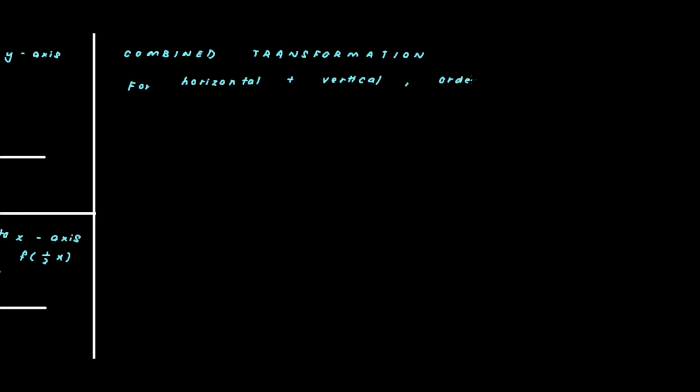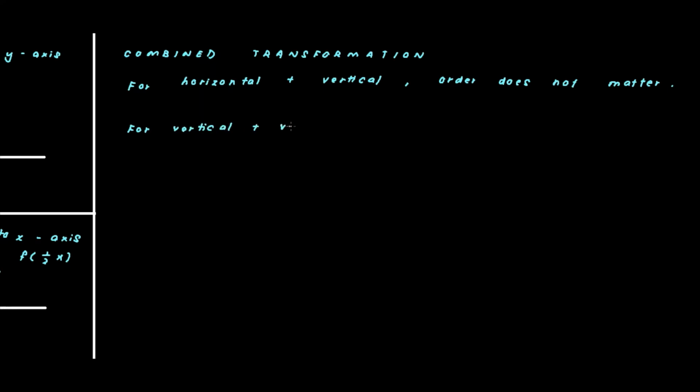No matter which one comes first, you will still get the exact same function after you put them together. So when you have one horizontal and one vertical, you don't need to care about the order. But the problem comes if you have two of the same type, under the same category. So we start with the easier one first, which is vertical plus vertical.